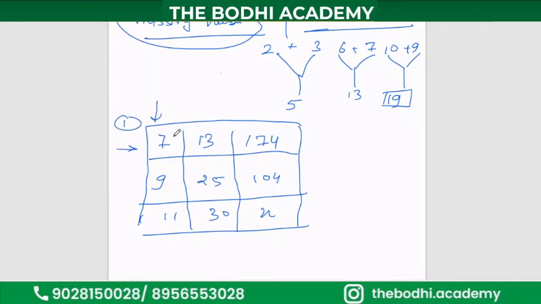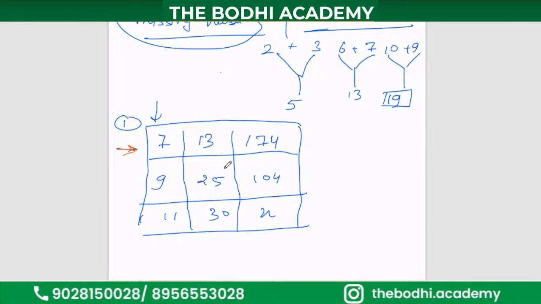If you see the first number 7, the second number 13, the third number is the bigger number. That means the logic is going this way, horizontal. That means using some operation on 7 and 13, we get 174. Now, what is that operation?